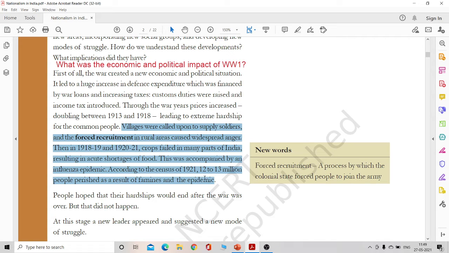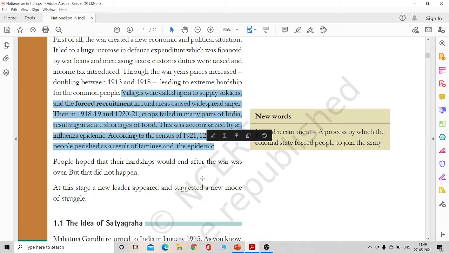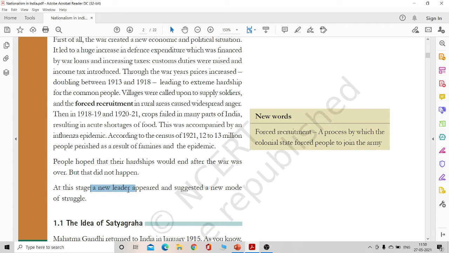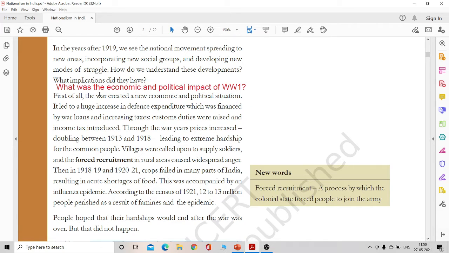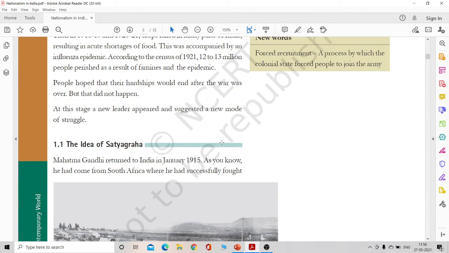According to the census of 1921, exactly 100 years ago, 12 to 13 million people perished as a result of famines and epidemic. At this stage, people were ready to begin a new mode of struggle, and therefore precisely at this stage we see the entrance of Mahatma Gandhi. So this would suffice for the answer: what was the economic and political impact of World War One?